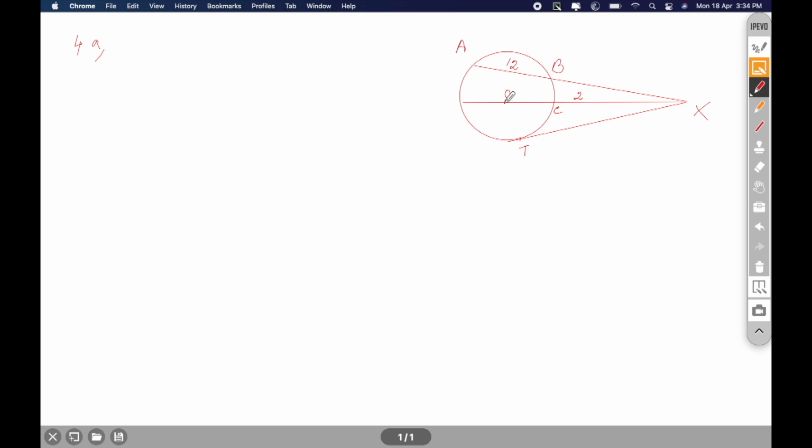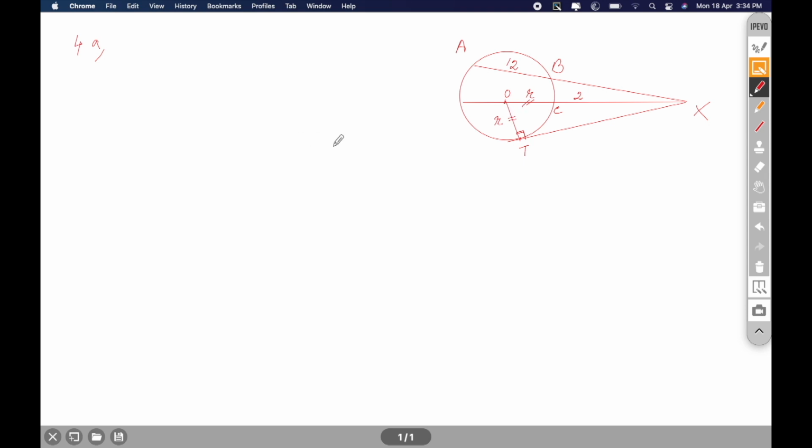So here let us consider OT as the radius of the circle, which is equal to OC, and let the measurement of the radius be R. So we know that the radius is perpendicular to the tangent at the point of contact. This is a theorem to be used here. So if we can find the length of OX and XT, we can find out the radius R.